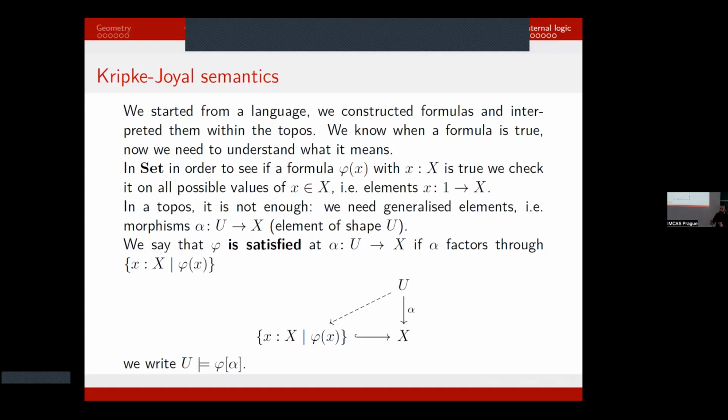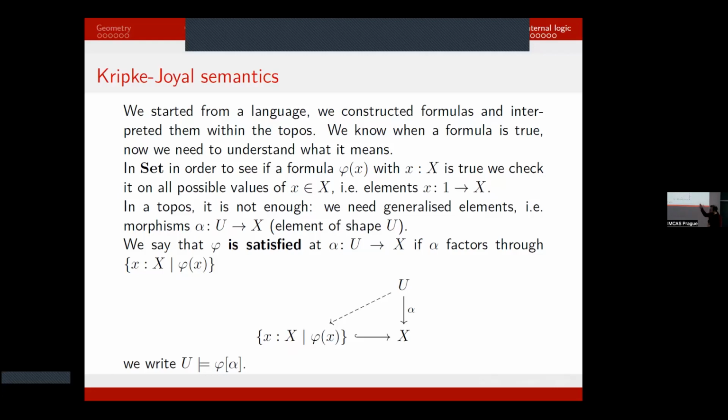So logic itself is modeled on it in a sense. If we want to interpret something, we just check the set, and the fact that the subset of the formula completes the whole set will tell us if the formula is true or false. Like we know everything in Set.